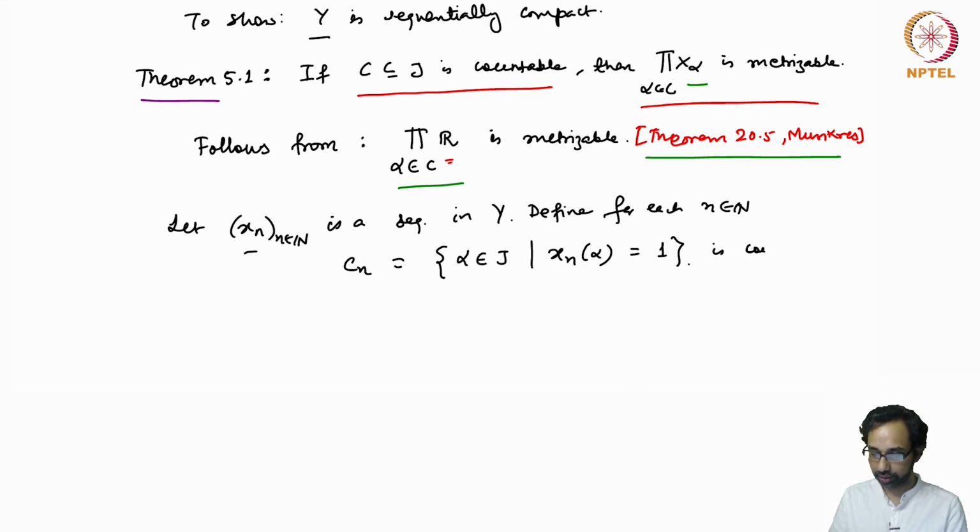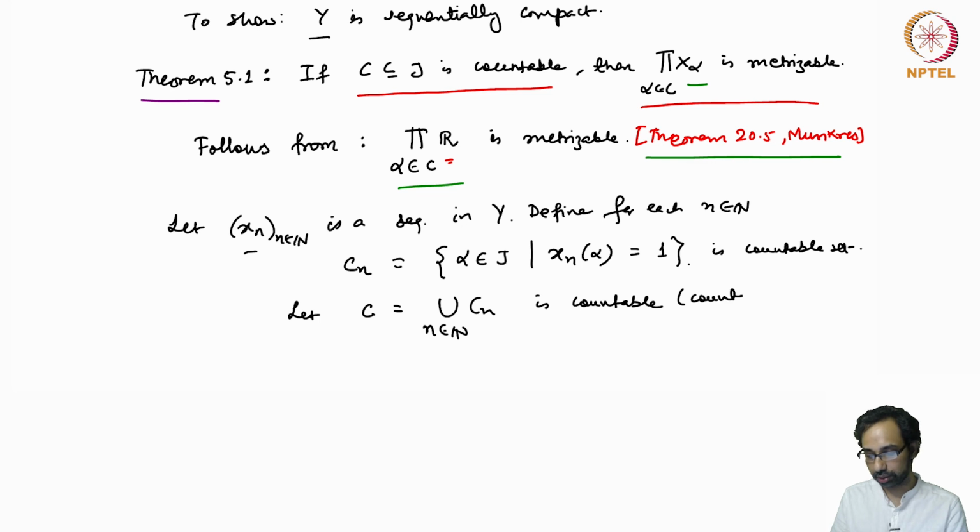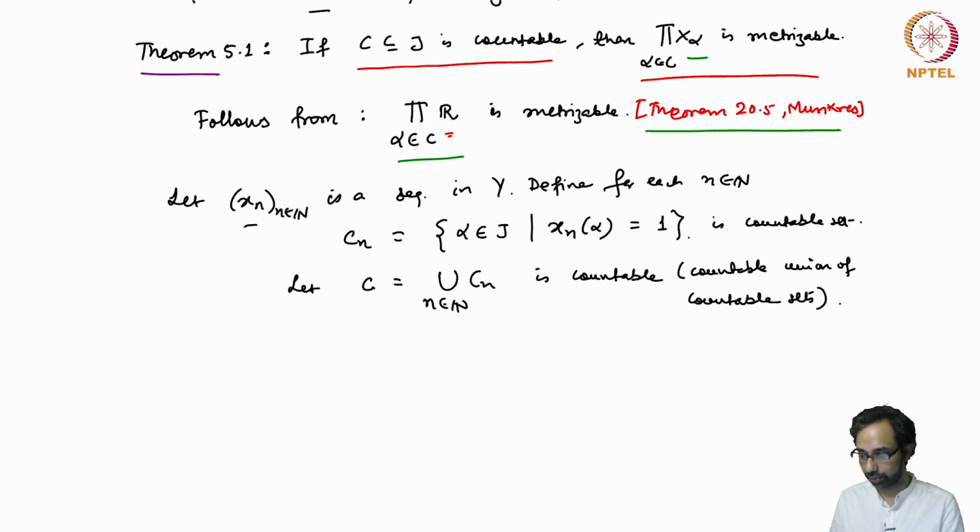And we know that this is a countable set, and we let C be the union of all these C_n's. This is a countable union of countable sets, so it is countable.